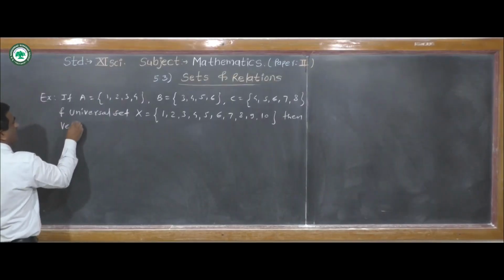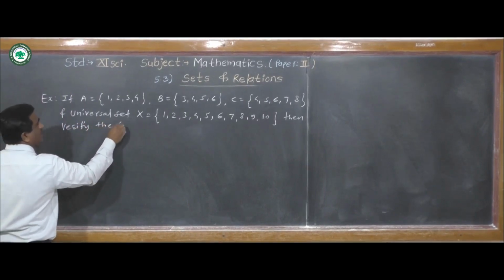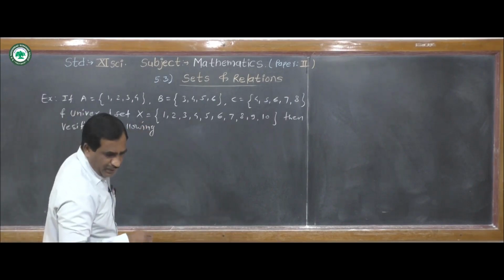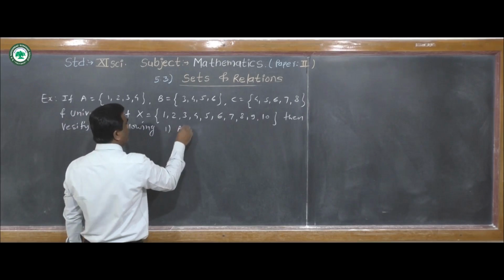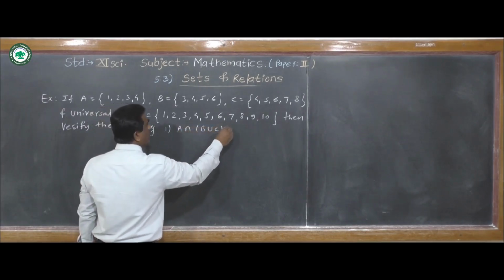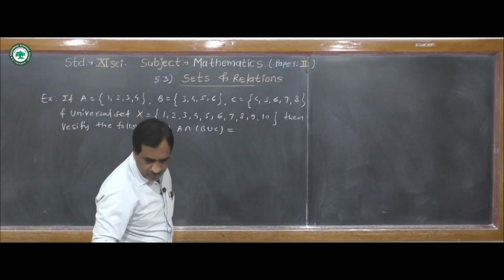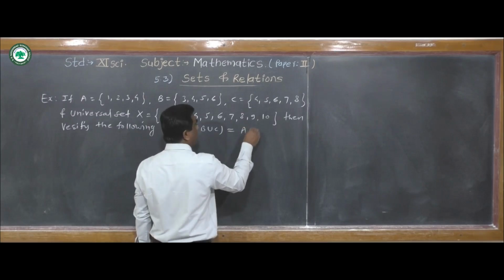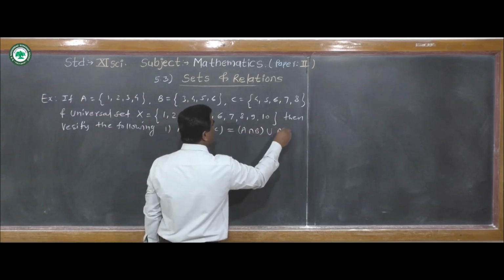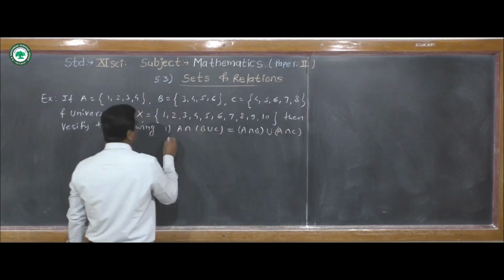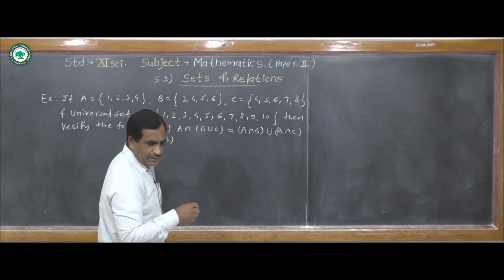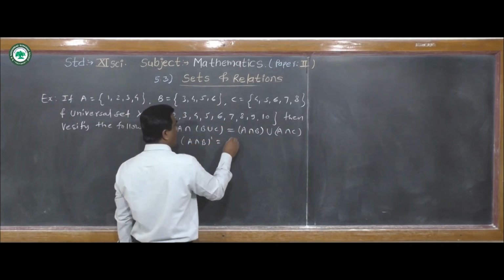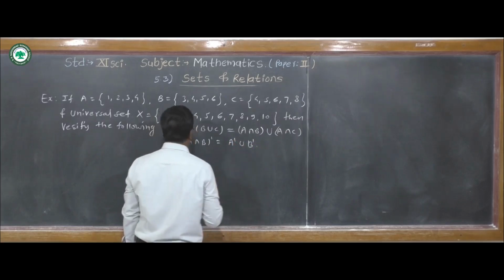Then verify the following. Number first, A intersection B union C is equal to A intersection B union A intersection C. Second result, A intersection B dash is equal to A dash union B dash.